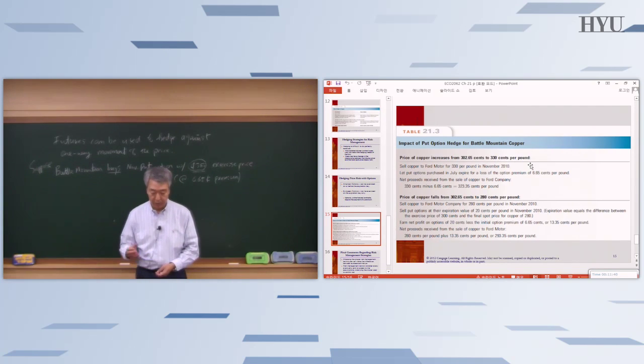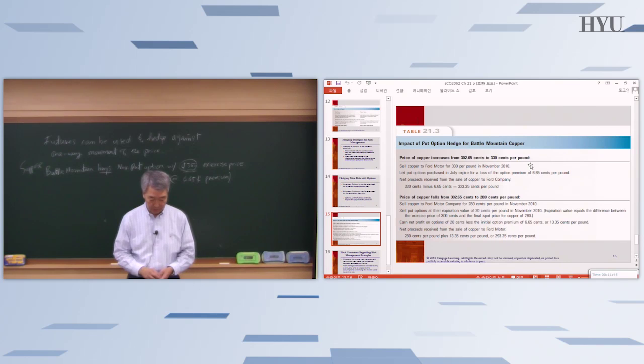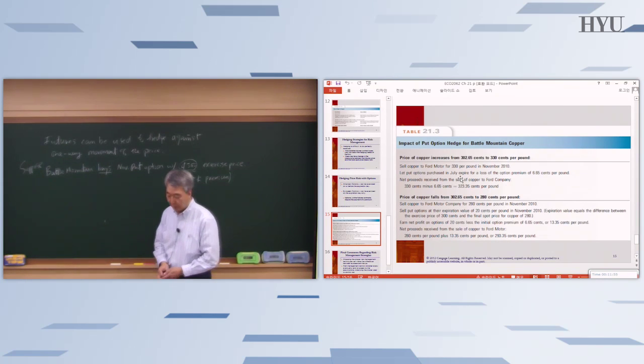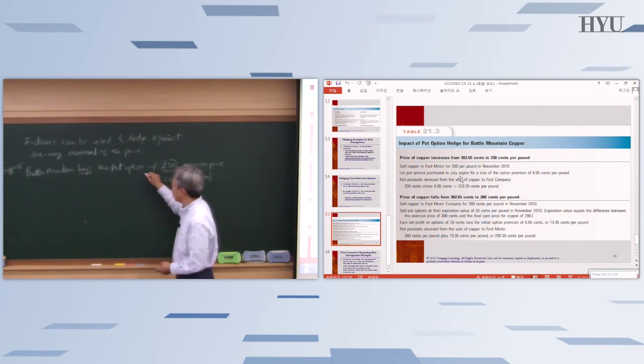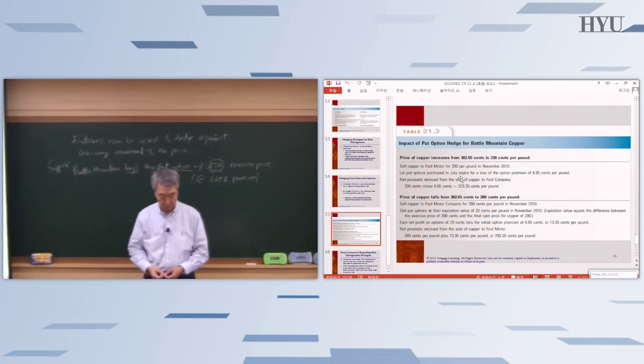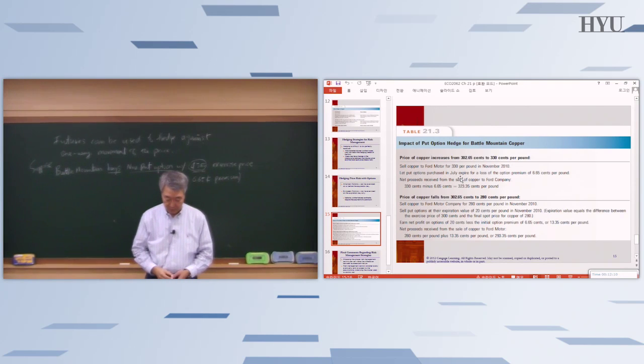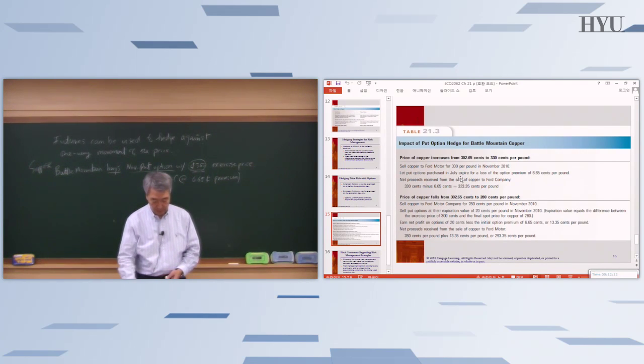So based on the previous example, now the story is instead of price going down to 270, it went up to 330, okay? But they have purchased this option in July. It's a November put option. So 4 months before the actual delivery date, they have purchased this November put option at 6.65 cents per pound premium, okay.